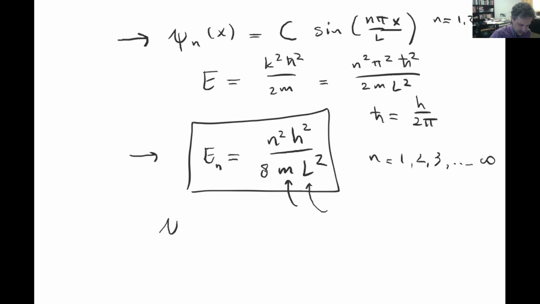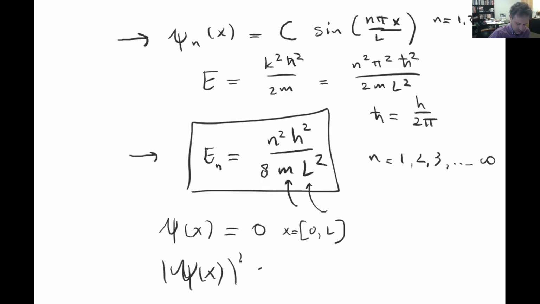That means this function is going to be 0 in the entire interval x equals 0 to L. And if you take the square modulus of that function, it's going to be 0 for every x, meaning the probability of finding the particle in the box is 0. It's not there.